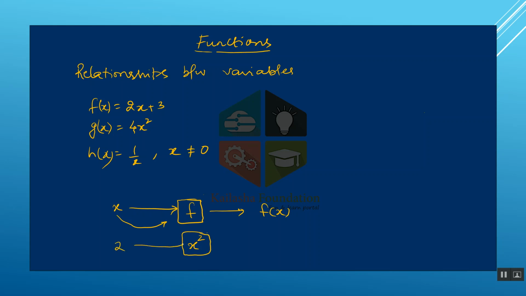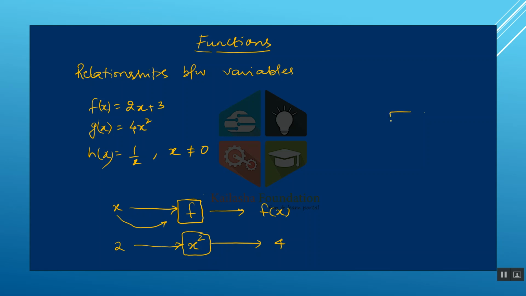We put 2 inside it and we get 4. If we put anything, we are getting an answer every time. We will never be disappointed. We will get exactly one answer every time. We won't get two answers also.